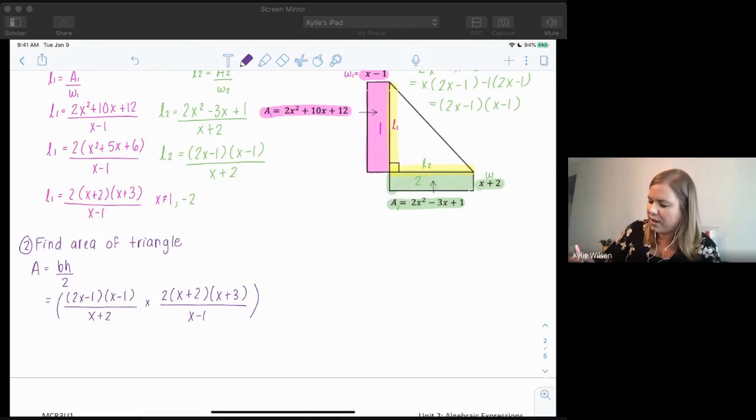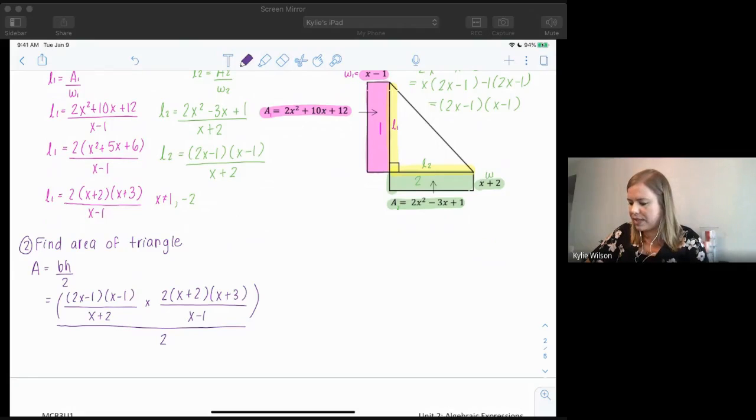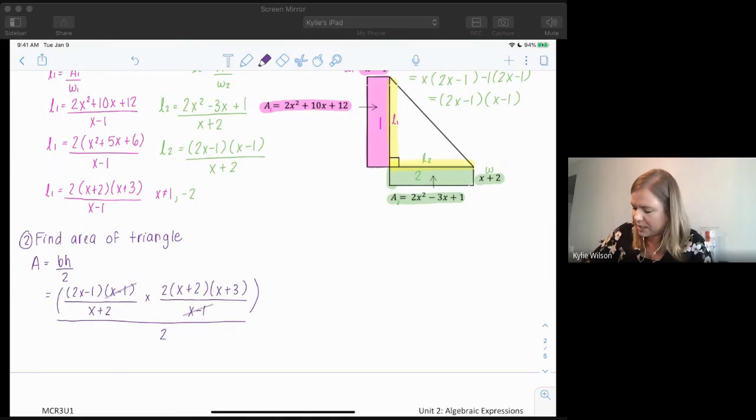And then all of that will be divided by 2. So now let's start canceling out some things inside the brackets.